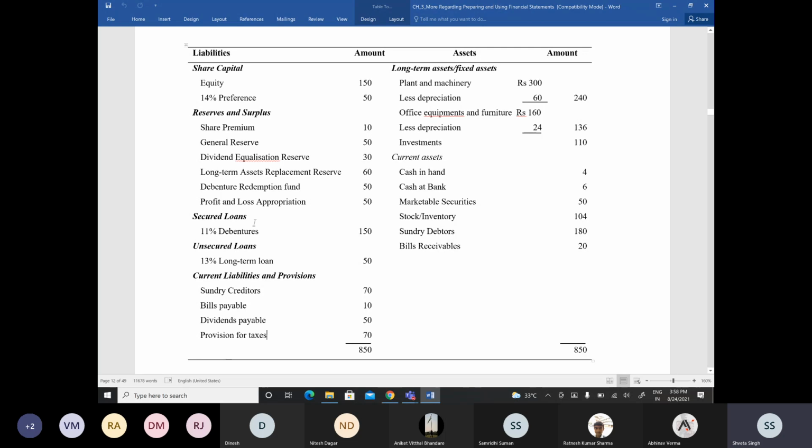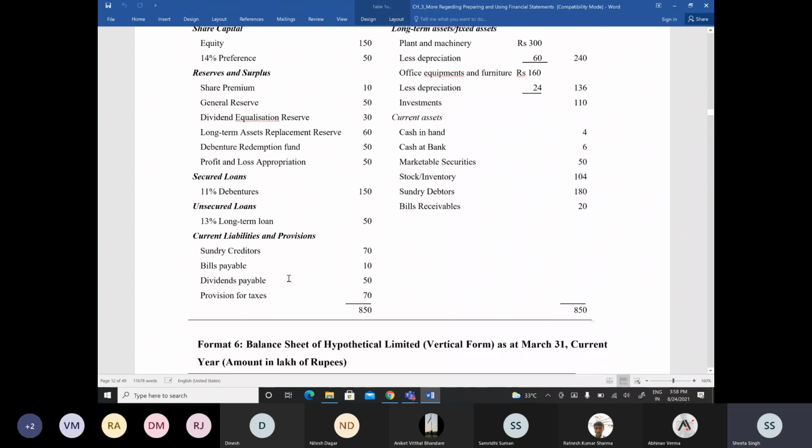Okay, then you have secured loans of 11% debentures. Secured means they have some asset that is there as collateral. Then you have unsecured loans which are also 13% long-term loan, but here they have no asset as a collateral. Okay, so this is riskier and that is why the interest that is charged is higher than the secured loans. Then you have current liabilities and provisions, as I told you.